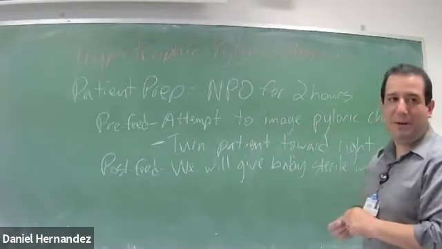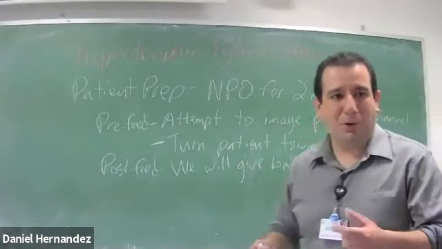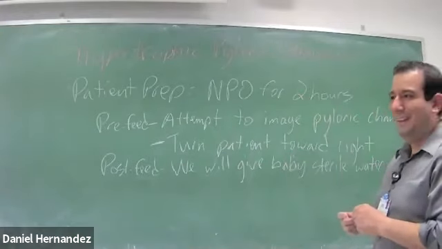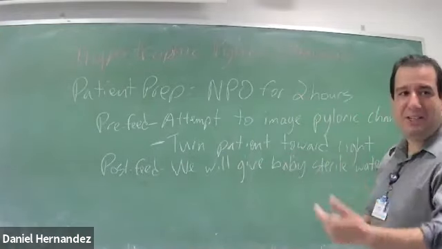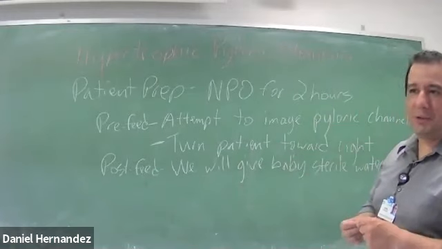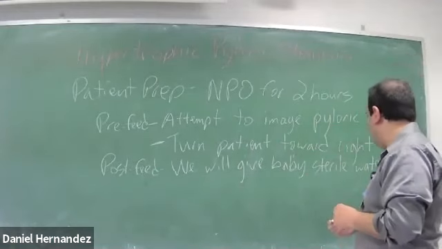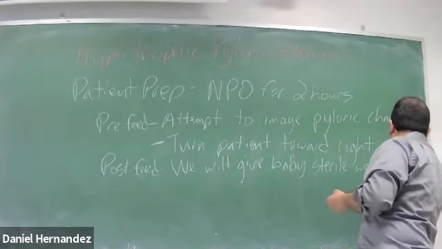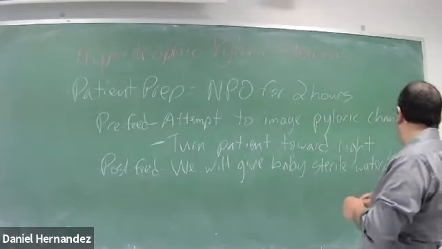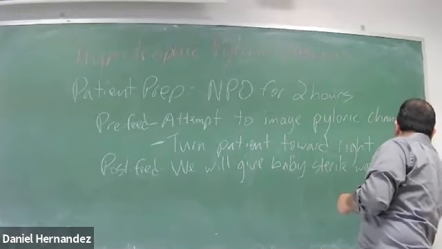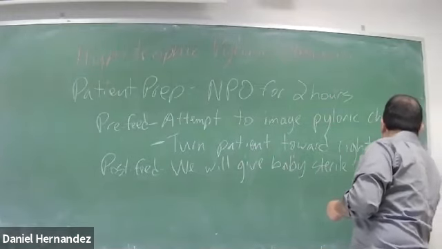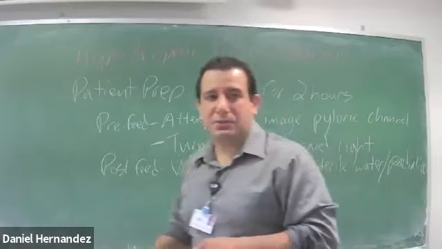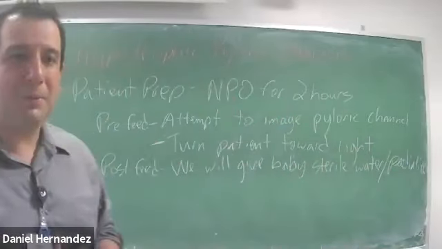Oftentimes the babies have never had water before and don't get used to the taste of water, and they won't drink the bottle. Some places will use sterile water or Pedialyte. You want to make sure it's a clear fluid. As a last resort, breast milk if you have to.